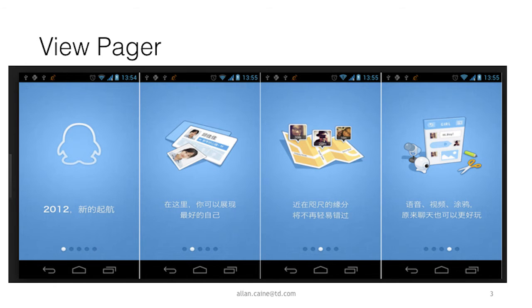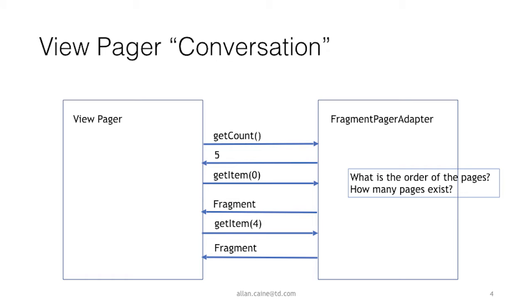The key idea to understand with a view pager is that every view pager needs to have a pager adapter. Typically what is recommended in Android is that you use a FragmentPagerAdapter or the FragmentStatePagerAdapter.